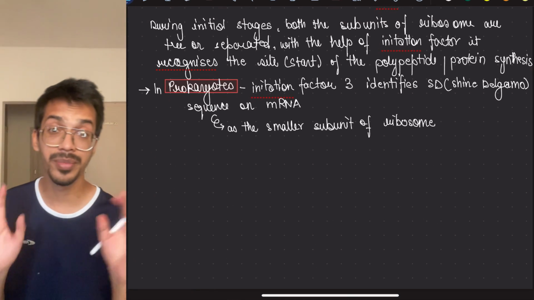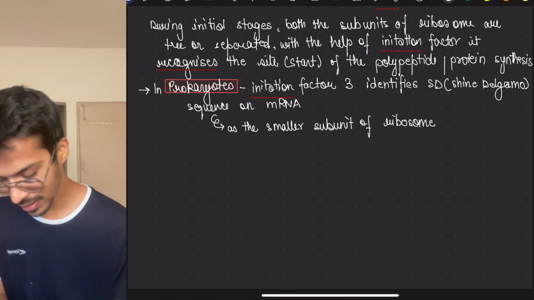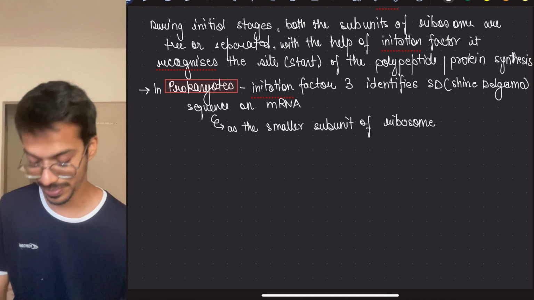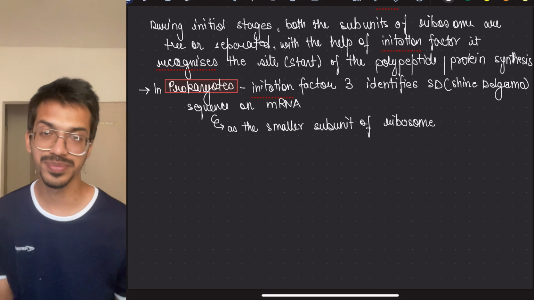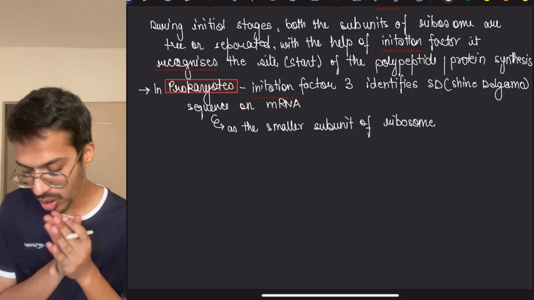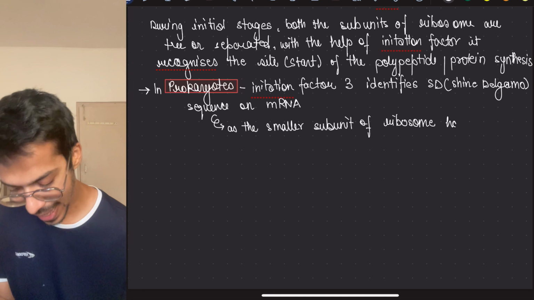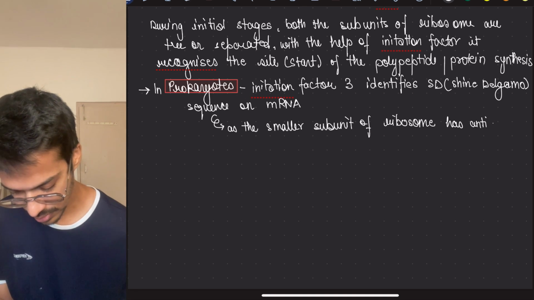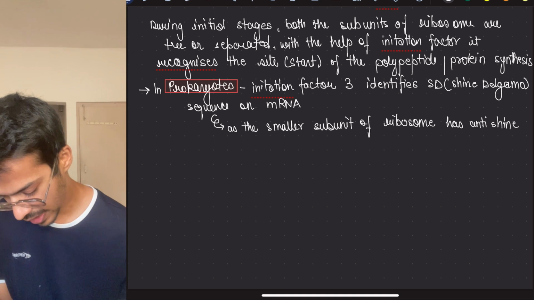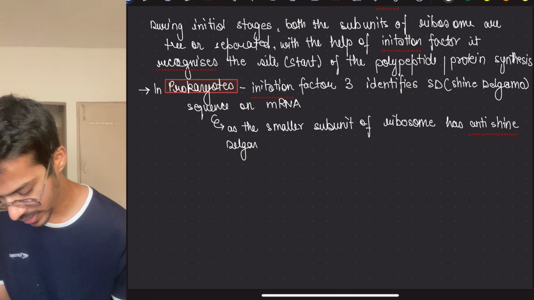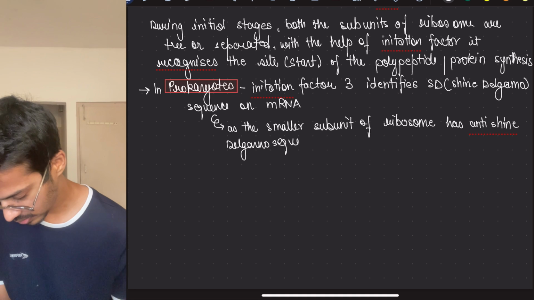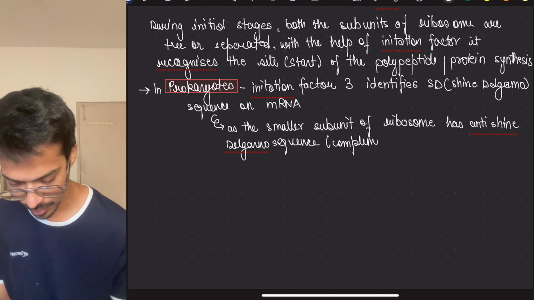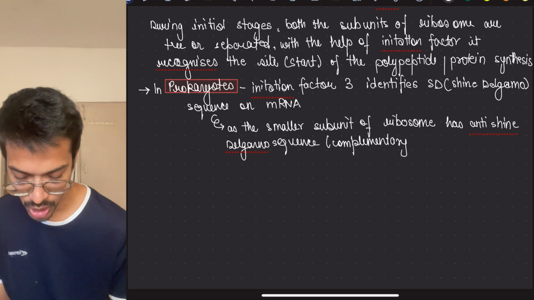The smaller subunit of ribosome has the anti-Shine-Dalgarno sequence, meaning the complementary one. That's why only it is able to join with it.